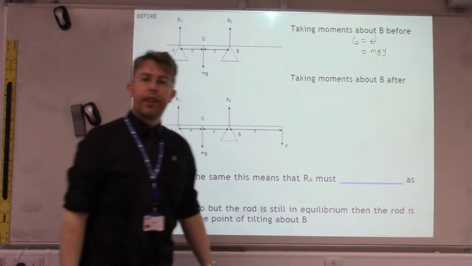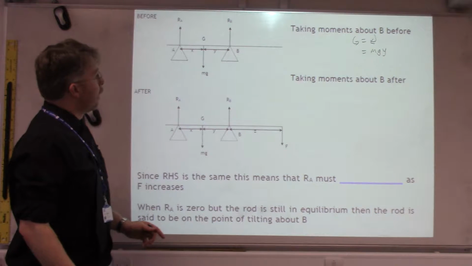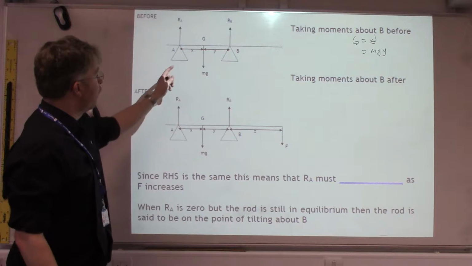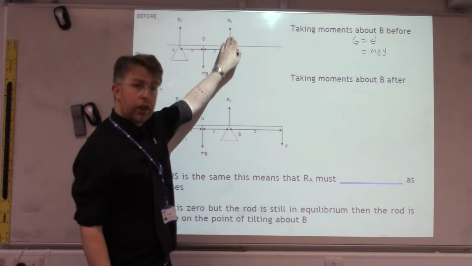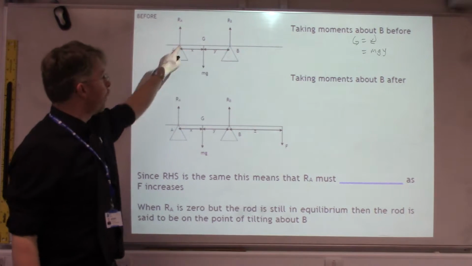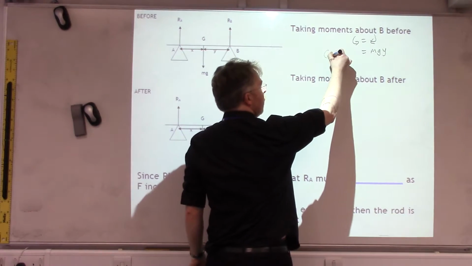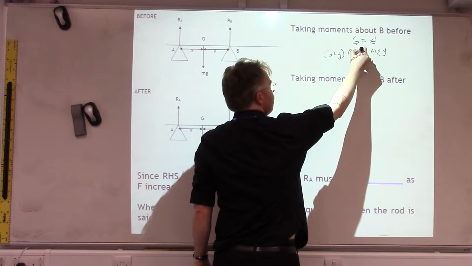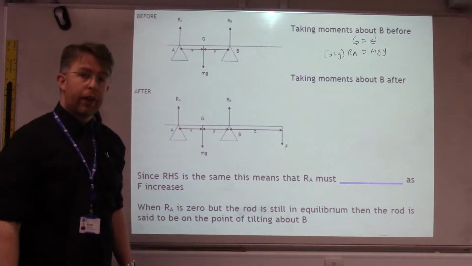Clockwise equals anti-clockwise. RB has no moment, so there's only one clockwise force, which is RA. It's x plus y away, so x plus y times RA. We have our balanced equation.